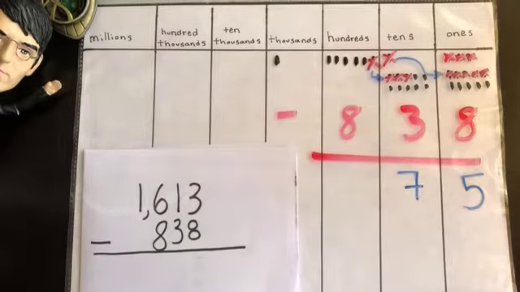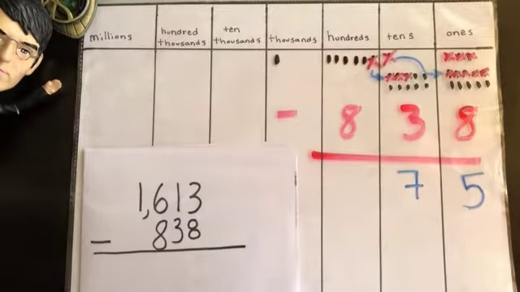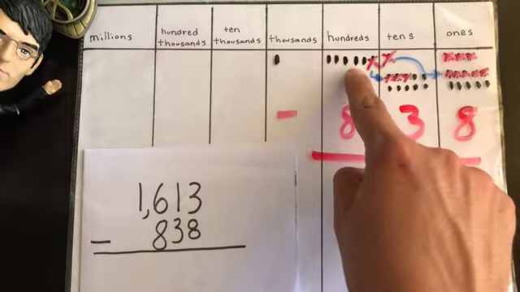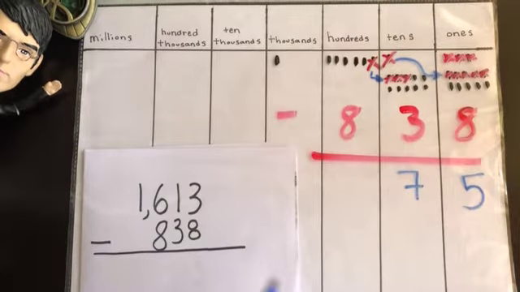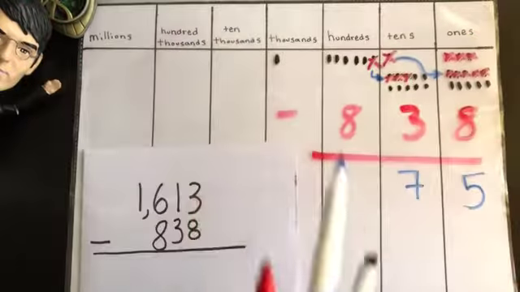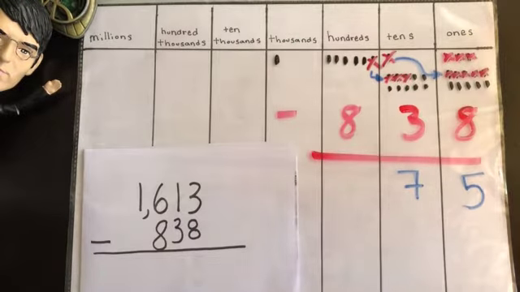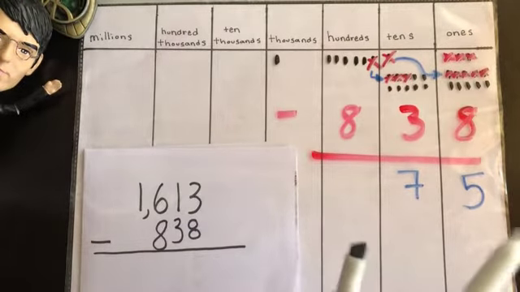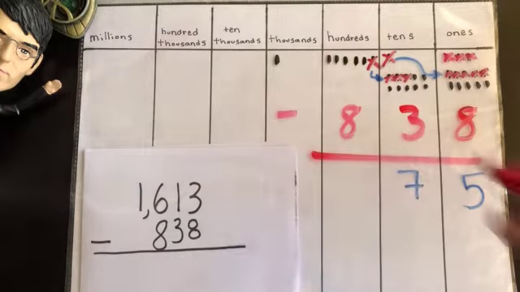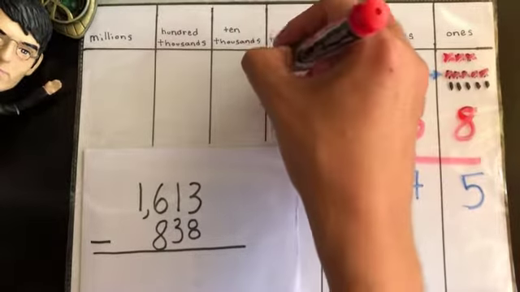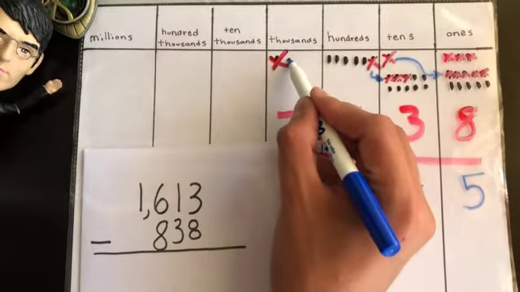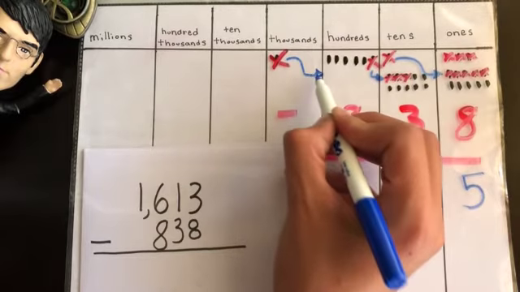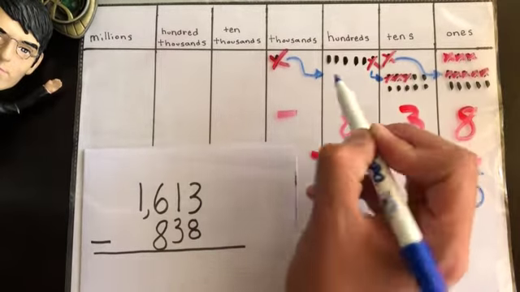Now here, I need to take away 8 hundreds. I don't have enough hundreds to take away. So the same thing, I'm going to decompose one of those thousands to make 10 hundreds. And remember, 1,000 is 10 times as many as 100.